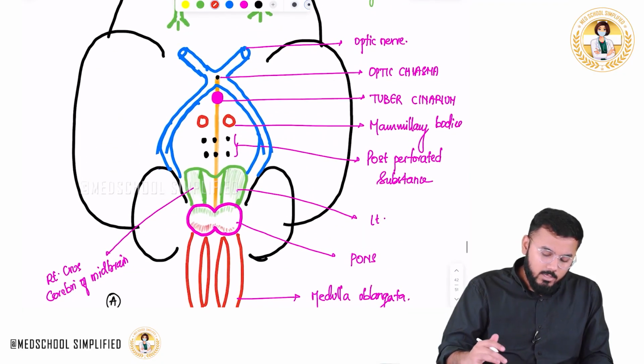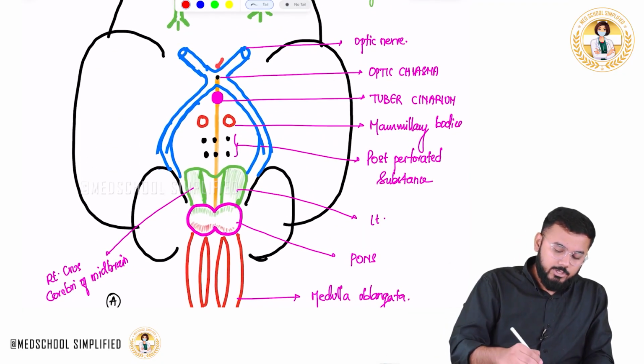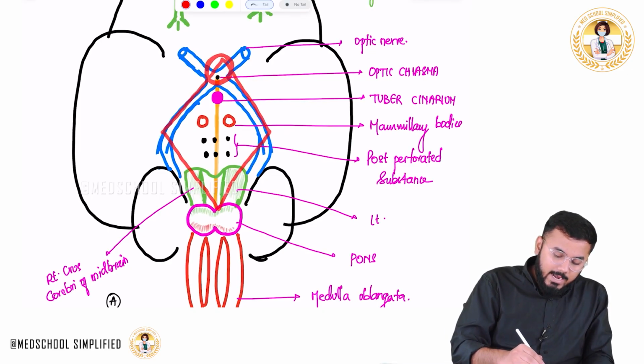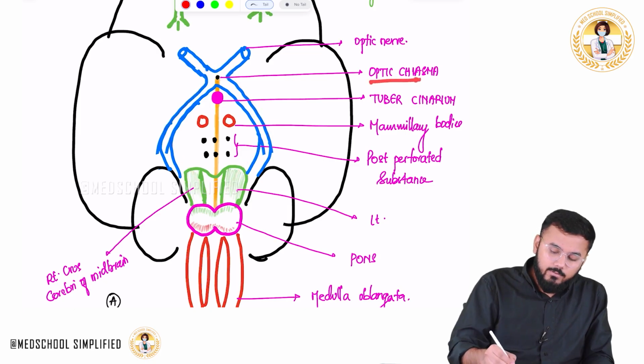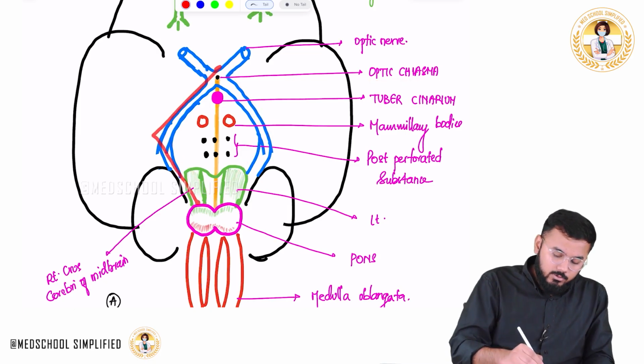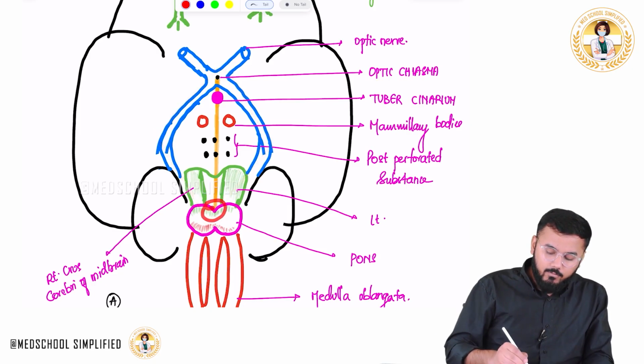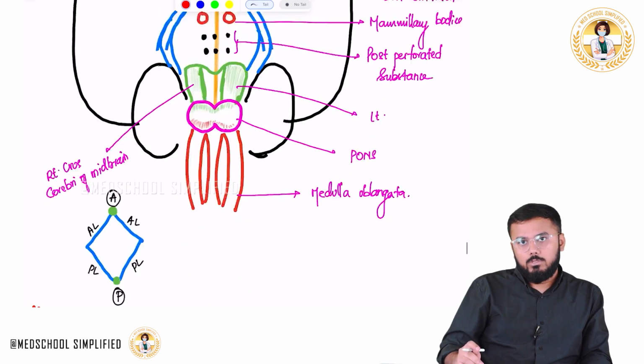Posteriorly what do you have? So if again I draw the diamond shaped here, so this is a diamond shape like this, right? Anteriorly what do I have? Anteriorly what did I tell you? Anteriorly I told you that we have got optic chiasma. So if this is a diamond shaped here, then posteriorly what do I have? I have got the midpoint of the superior surface of the pons, right?